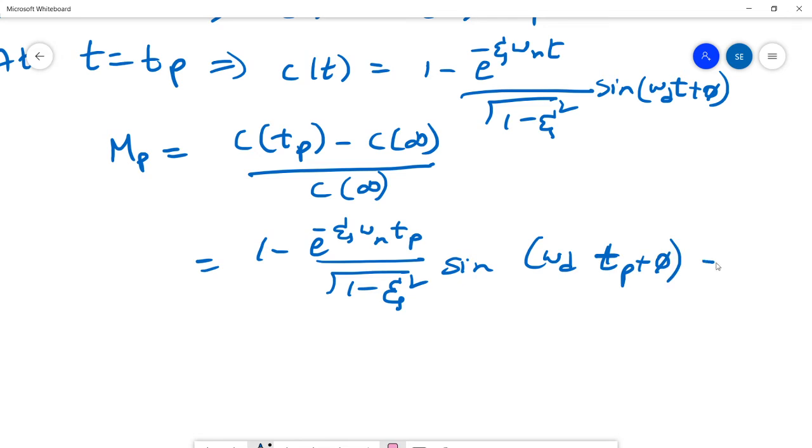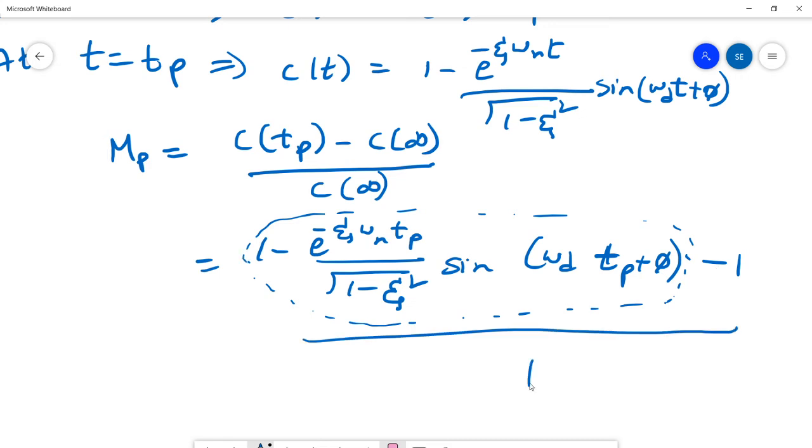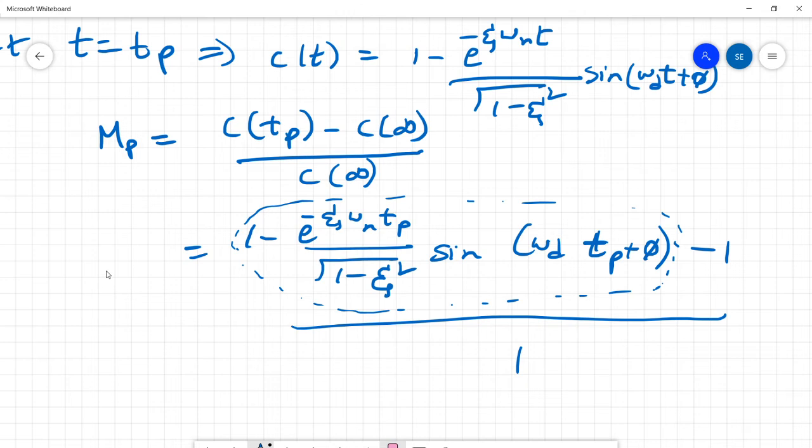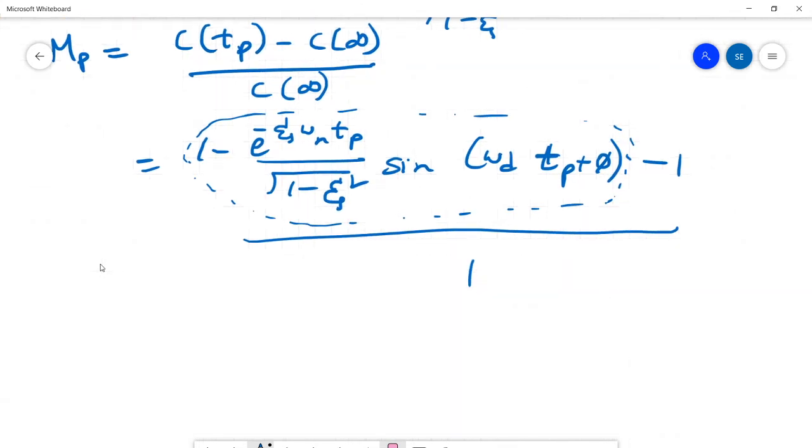This whole thing is c of Tp, and c of infinity is 1, divided by 1. So the 1 and 1 will get cancelled out. In the numerator you can see 1 minus is there, so 1 and 1 will get cancelled out.